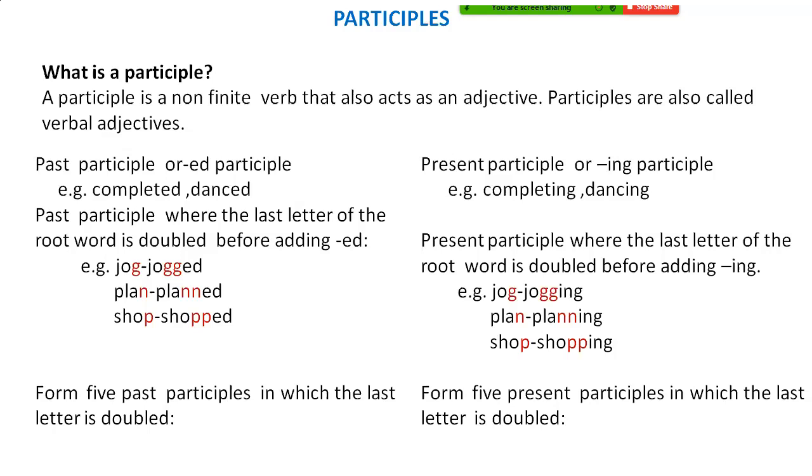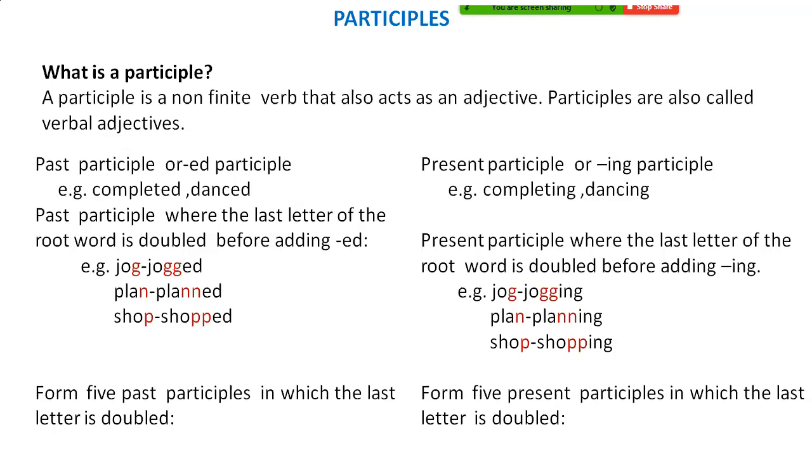Examples of participles, which are of two types, are past participles or ed participles and present participles or ing participles. For example, completed and danced. These verbs are non-finite verbs.